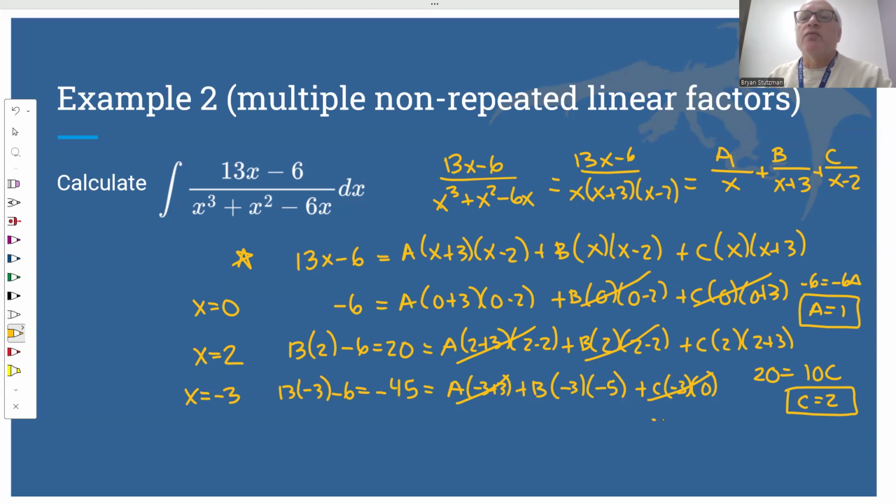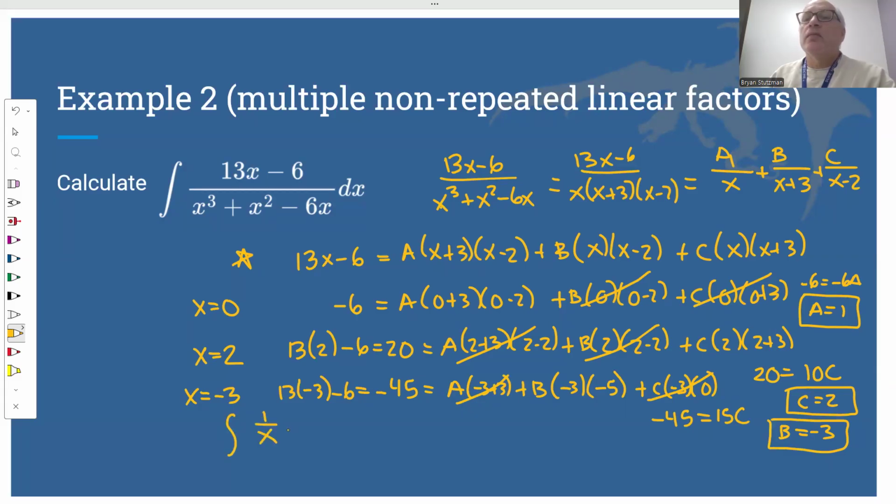So I get negative 45 is equal to negative 3 times negative 5 is 15, 15b, or b is equal to negative 3.